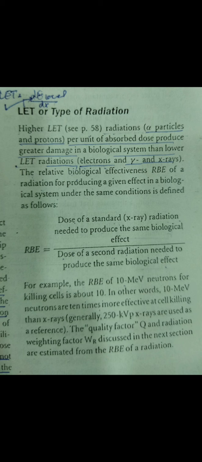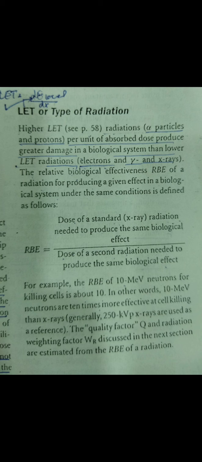So depending on the dose effect relationship, the radiation effects are termed as stochastic or deterministic. In the deterministic effects of radiation, we know that there is always a threshold level to produce any effect, while in the stochastic effect we do not have any threshold level to produce the radiation effects.